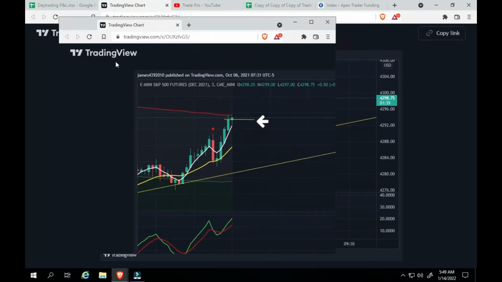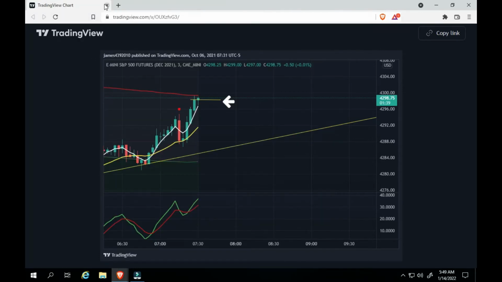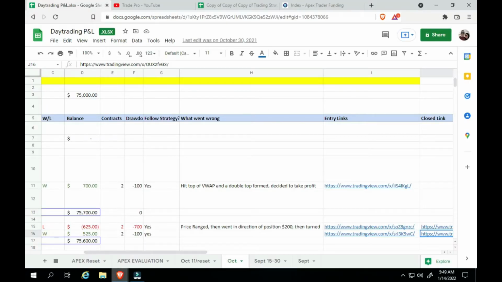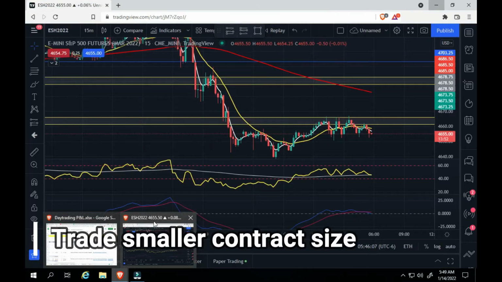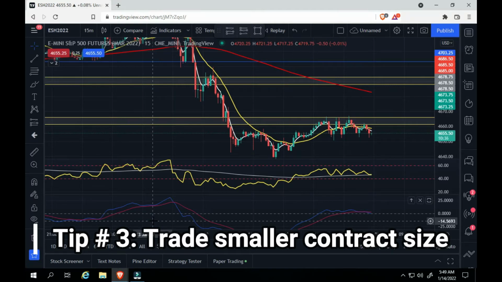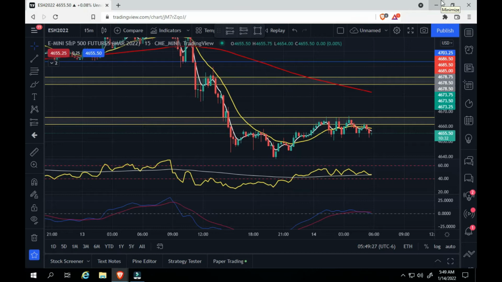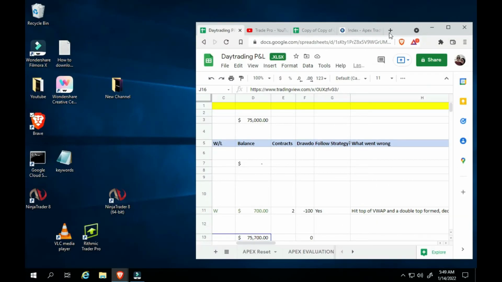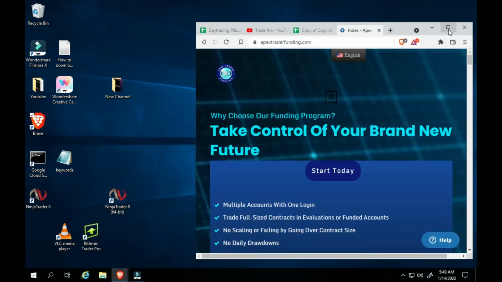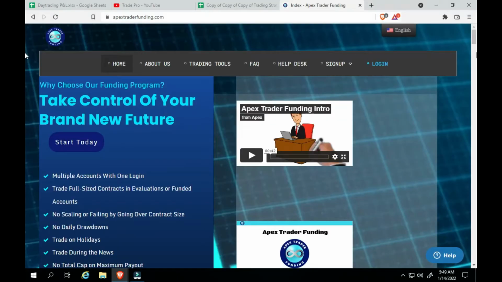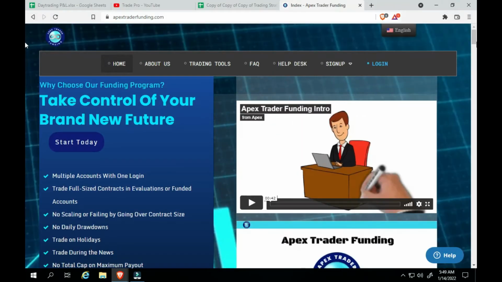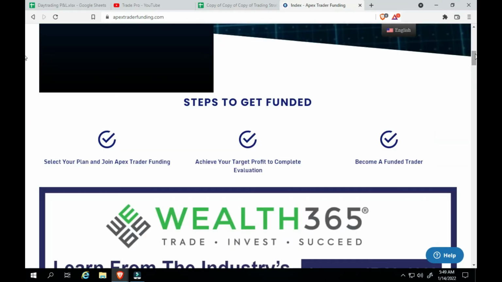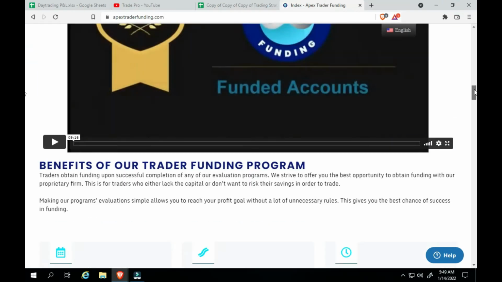All right, next tip is to trade smaller contracts. This was something that I had to really swallow my pride and get over my ego on. A lot of the prop firms have it to where you have to scale the evaluation.